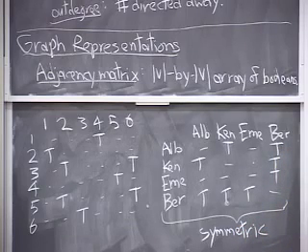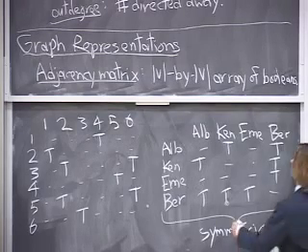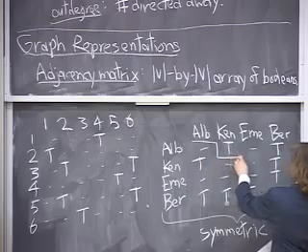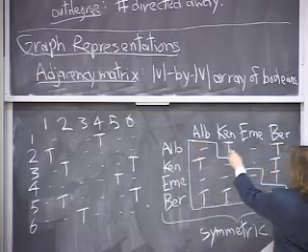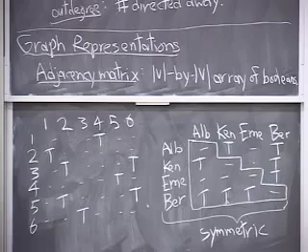Which means that entry ij is always the same as entry ji. And if you want to, you could economize on the size of your adjacency matrix a little bit in the undirected case by only saving the lower diagonal or the lower triangle of the matrix. So all you really have to save is this part here, and you can figure out the other parts by reflecting below the diagonal.